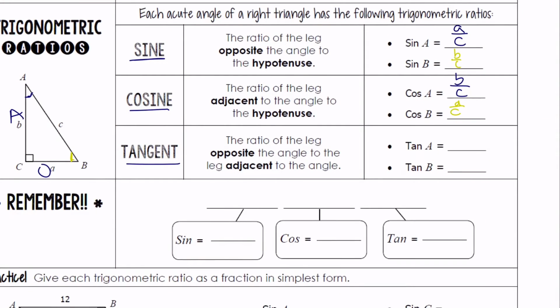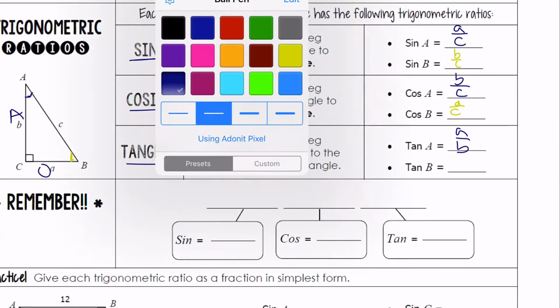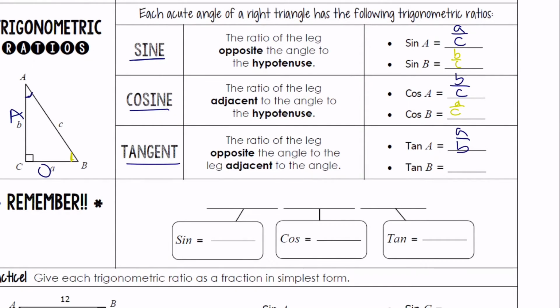So the tangent of angle A is going to be leg A over leg B. And then for angle B, again, the side opposite of angle B is side B over the adjacent, which is A in this case. So those are my trig ratios in reference to this triangle over here.